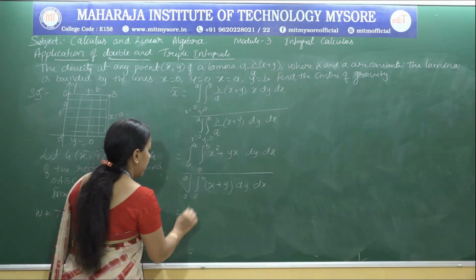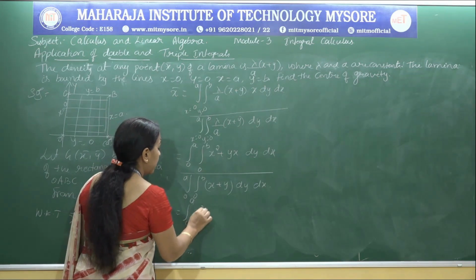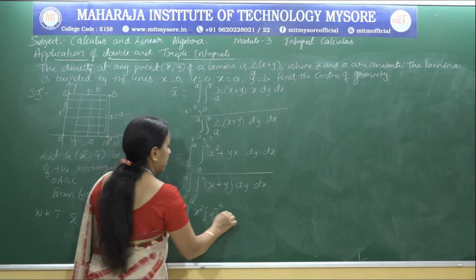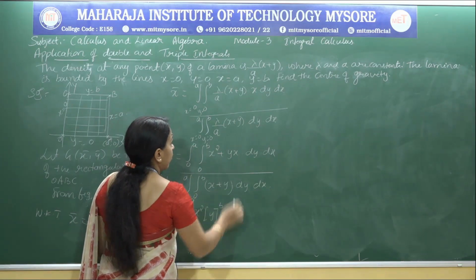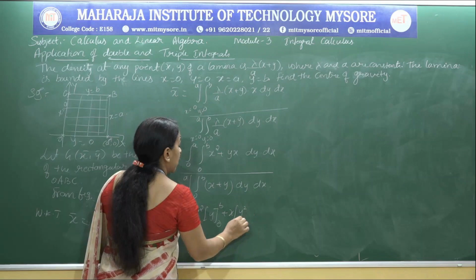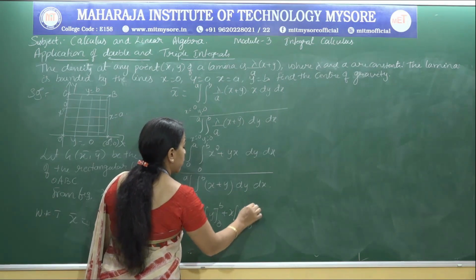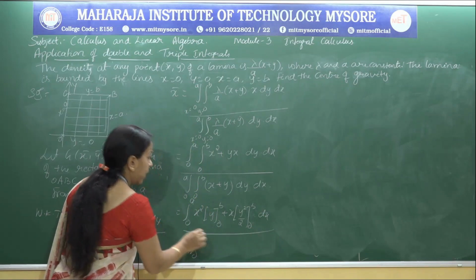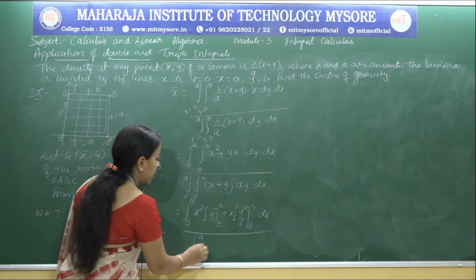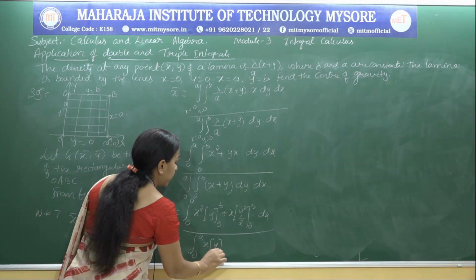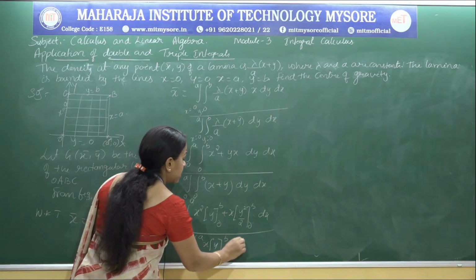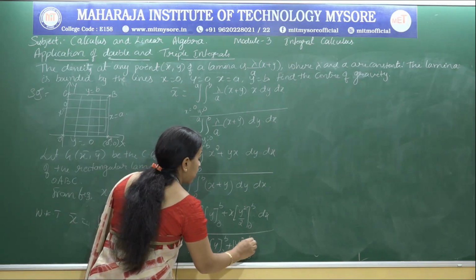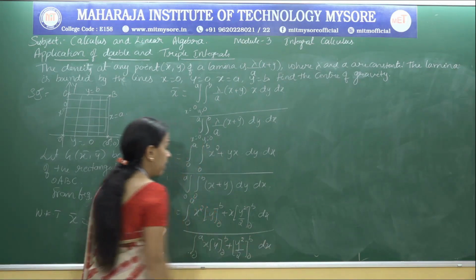So that is integral 0 to a of x square constant, integral of dy is y between the limits 0 to b, plus x constant, integral of y is y square by 2 between the limits 0 to b, dx, whole divided by integral 0 to a, same thing, keeping x constant, integral of dy is y between the limits 0 to b, plus integral of y is y square by 2 between the limits 0 to b, dx.